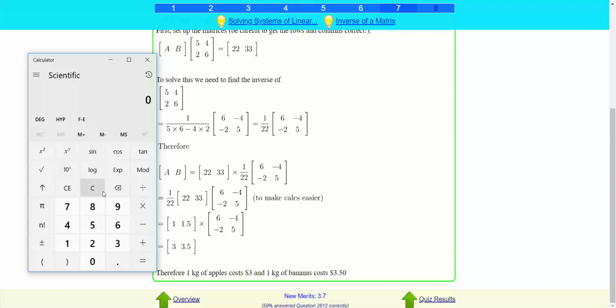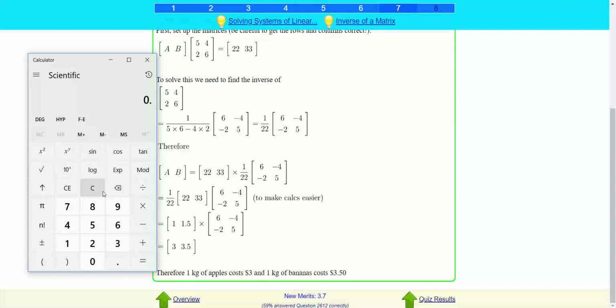I'm not sure what I am doing wrong here. Let's try to do 0.09 multiplied by 22, 1.98. So that's like a 2.